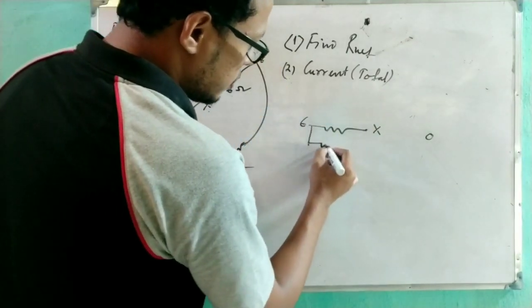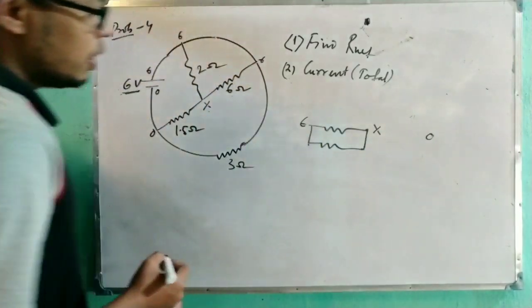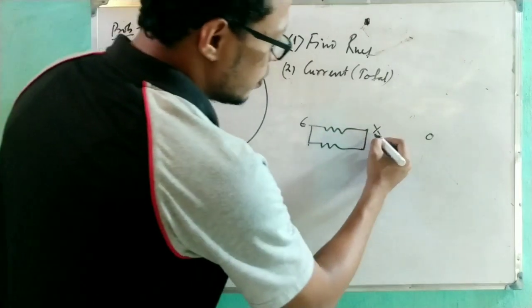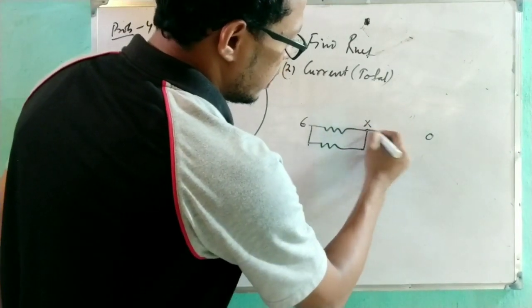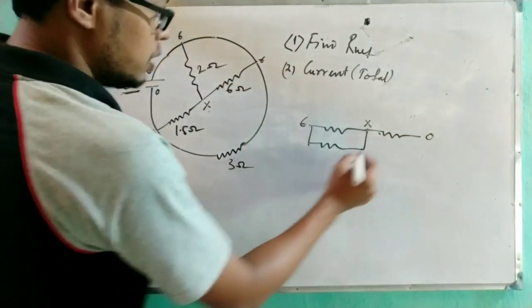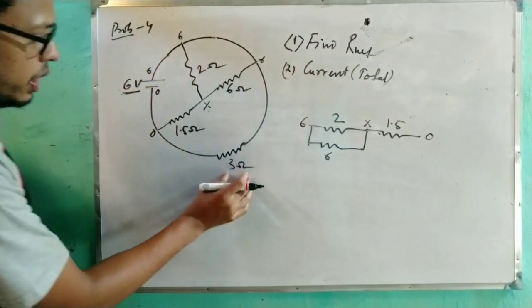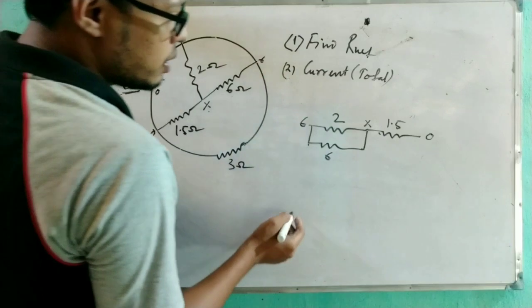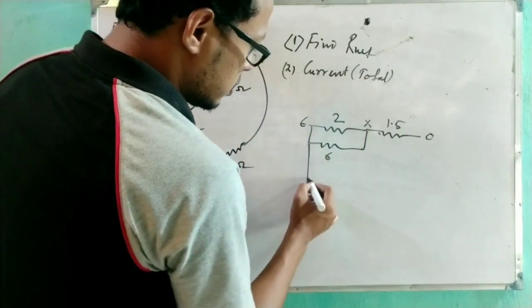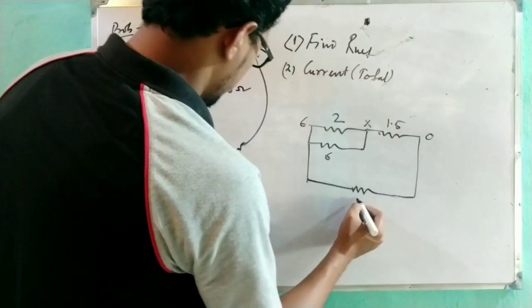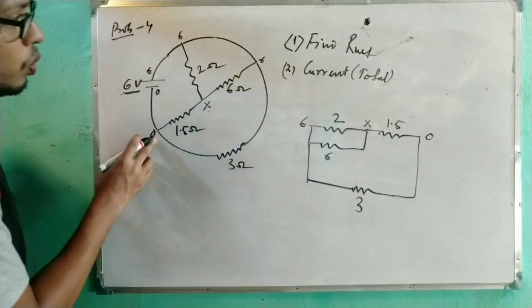Now this 1.5 is connected in between X and 0. This 2 and this is 6. And this 3 is connected in between 0 and 6.